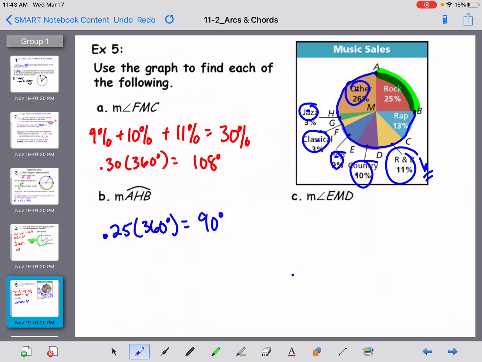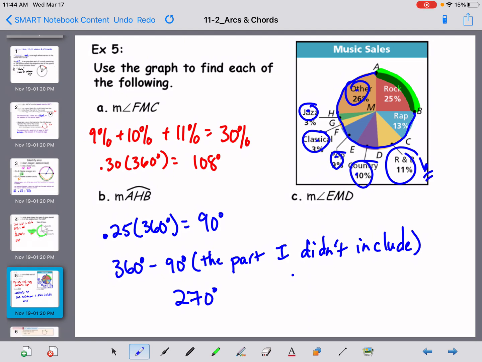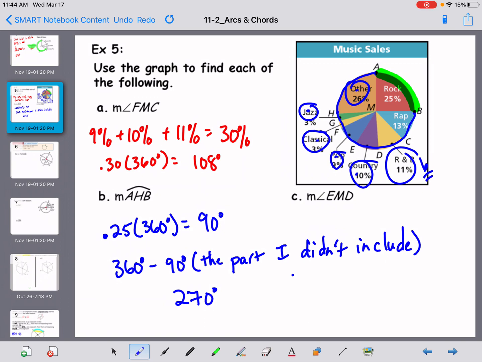If I just said 360 subtract 90, the part I didn't include, that would give me all the other ones, right? Well, 360 subtract 90 is going to be 270. So the measure of arc AHB is going to be 270 degrees. Okay? Different way of looking at the same kind of problem.